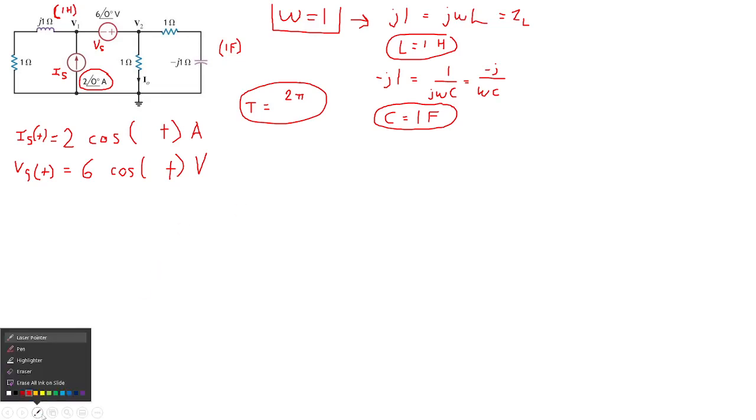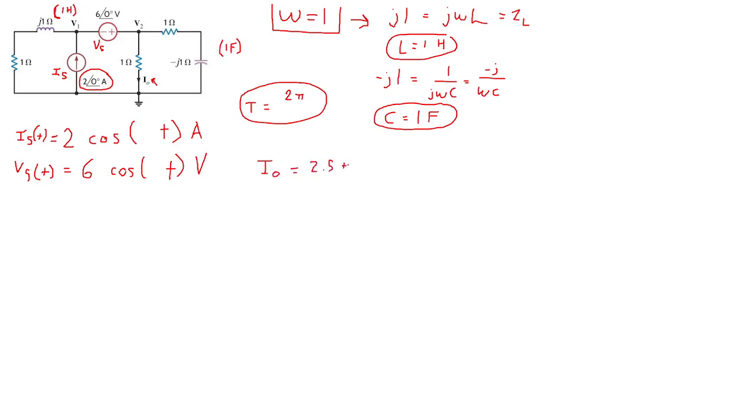And in the end, using our complex numbers, we ended up with a solution where IO is equal to 2.5 plus 1.5 J amperes. And again, I just ran out of space. So we get our IO is equal to 2.5 plus 1.5 J.